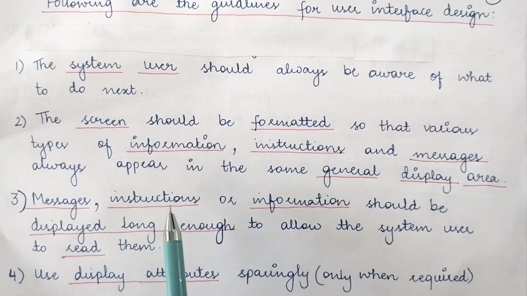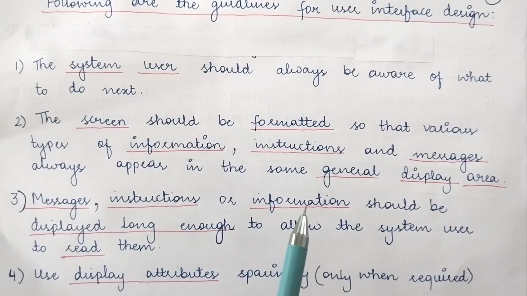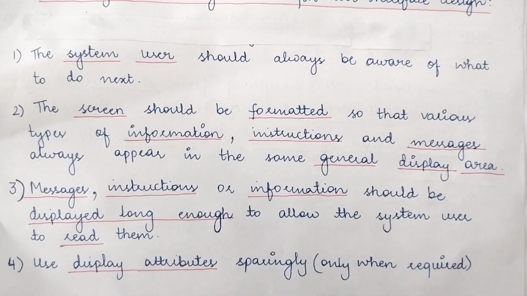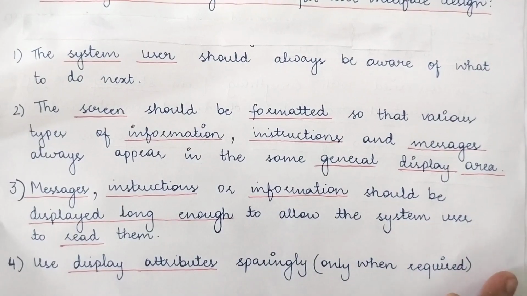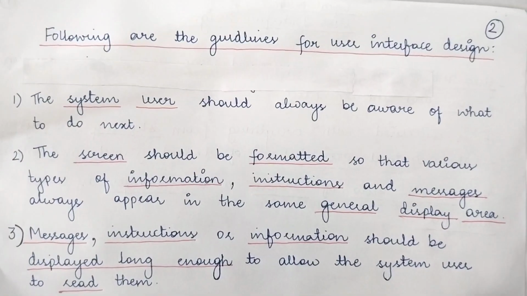So whatever has to be displayed to the system user must be displayed for a long period so that the user can read it properly and clearly. As per the fourth guideline, we should use the display attributes sparingly. That means display attributes should be used only when they are required, and not every time.